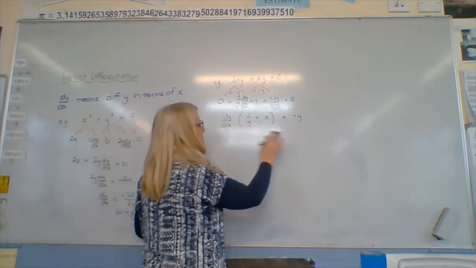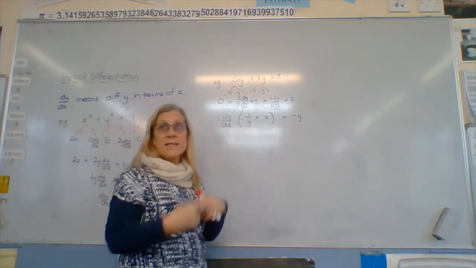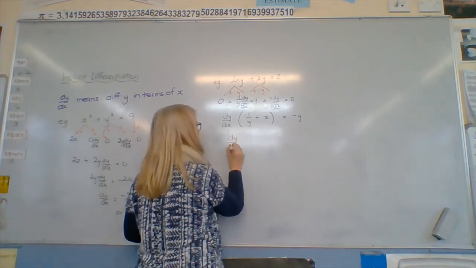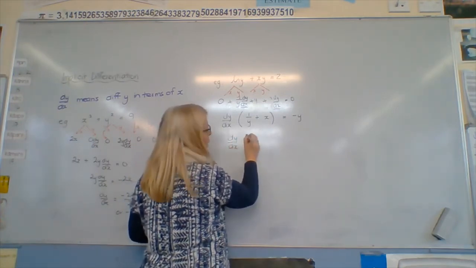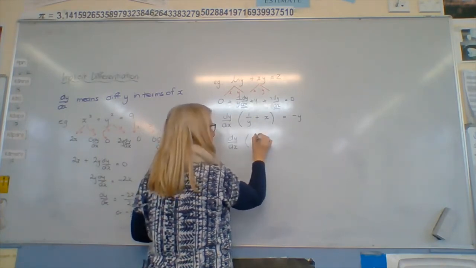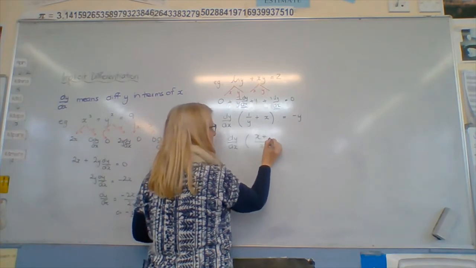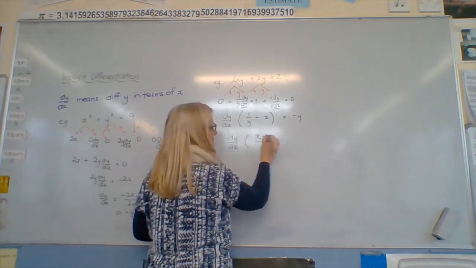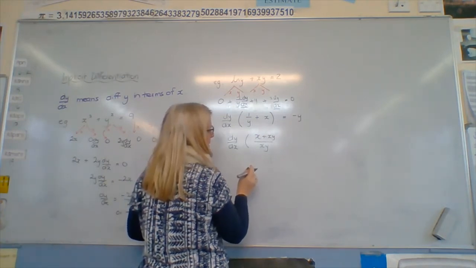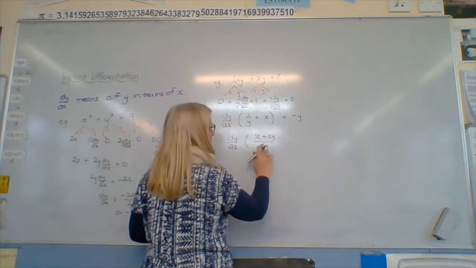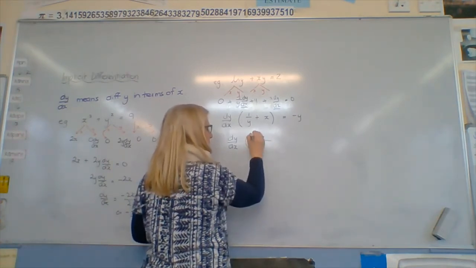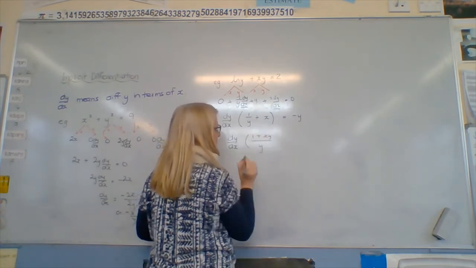Now I want to have something that says dy by dx equals, so I actually need to play with this. We need a common denominator of y, which gives us 1 plus xy.